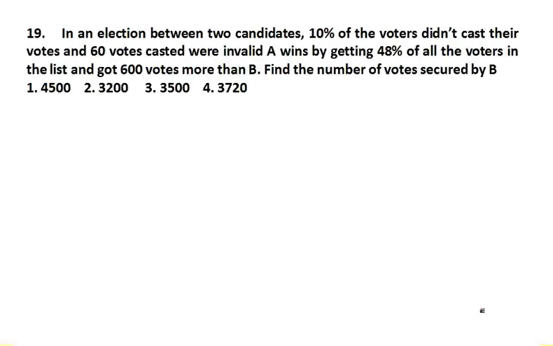So I want you to solve this question by yourself. This will be your homework, and do comment the answer in the inbox, because this is exactly the same process, nothing changed. So I'll just move ahead.